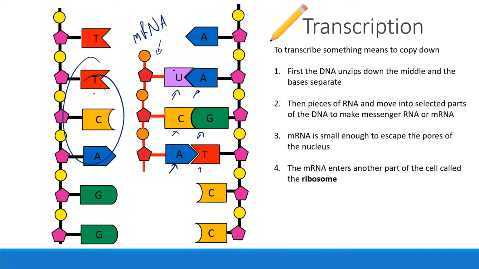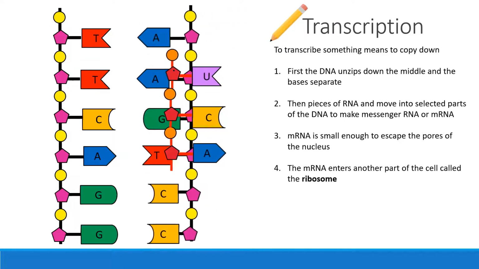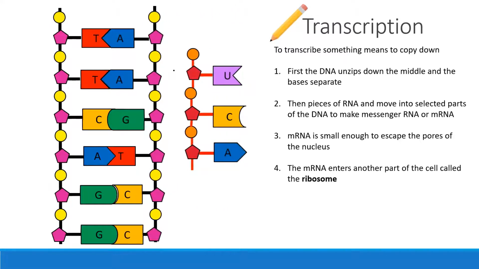Okay, so we've copied down half of the DNA. When I copy down this part of the DNA, I'm going to move that RNA out of the DNA and zip the other side back up. So now I have a copy of half of the strand of the DNA.